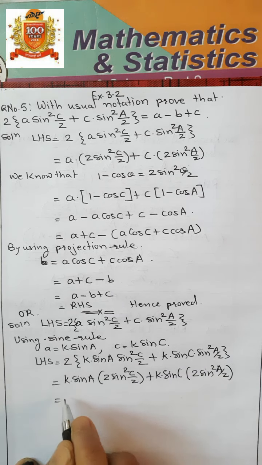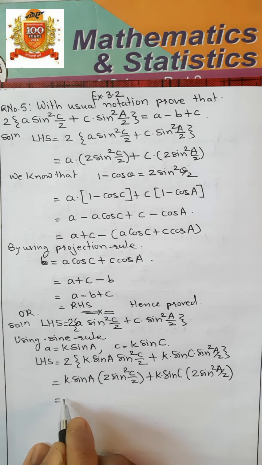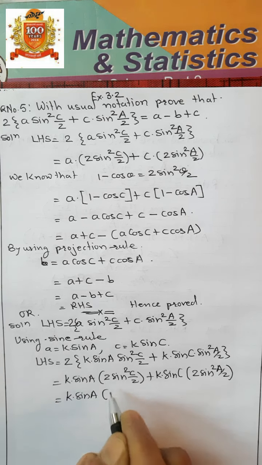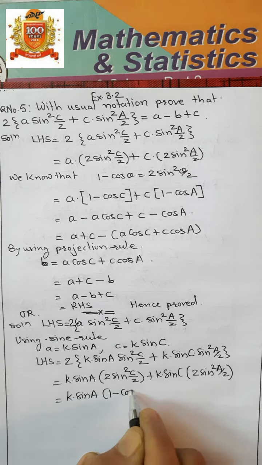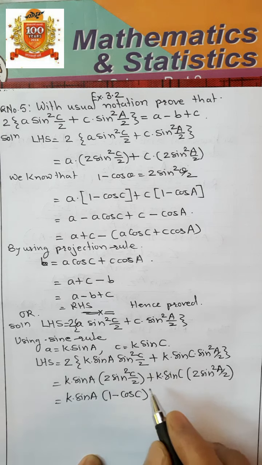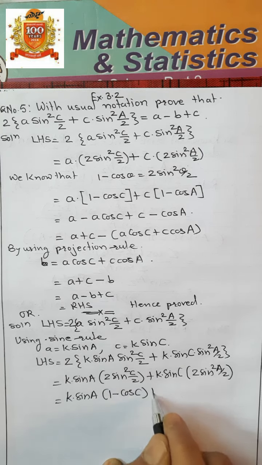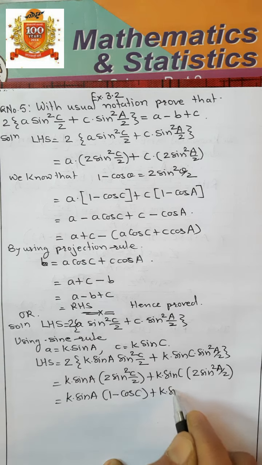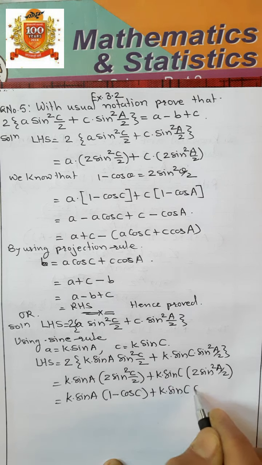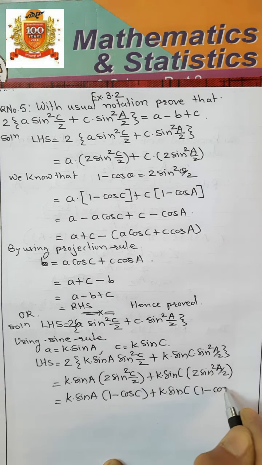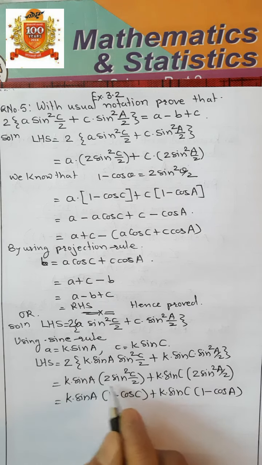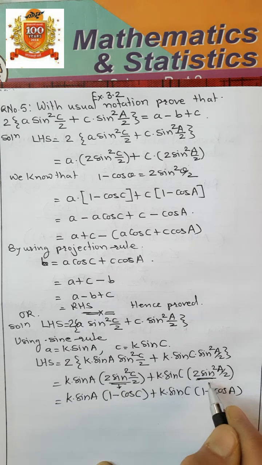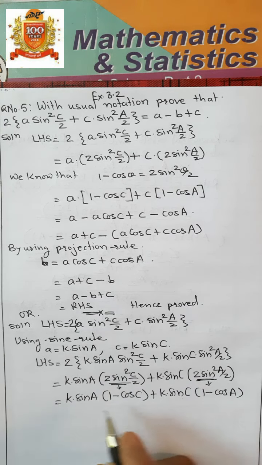This can be written as k into sin A into bracket 1 minus cos C plus k into sin C into 1 minus cos A, because 2 sin square C by 2 is equal to this and 2 sin square A by 2 is equal to this, isn't it?